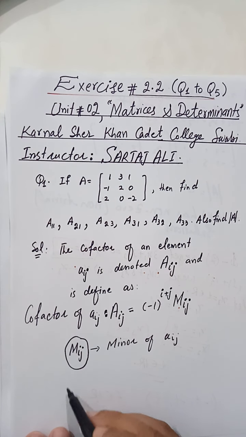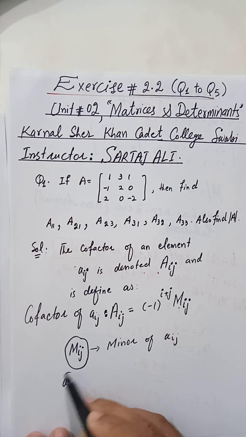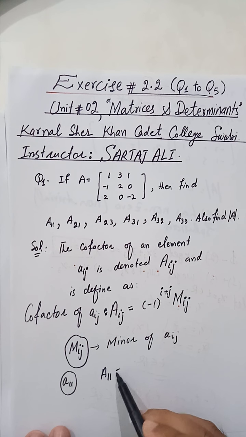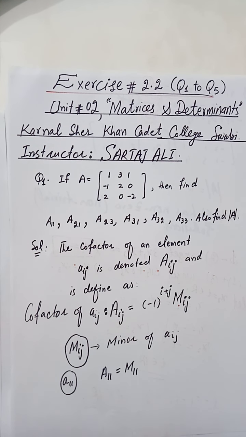So for A11 the cofactor is denoted by capital A11 and that will be equal to M11, because in this case the subscripts are 1 and 1. So when you add 1 with 1 you will get 2, so 2 is even. So minus 1 power 2 you will get plus 1. So the cofactor will become equal to minor.